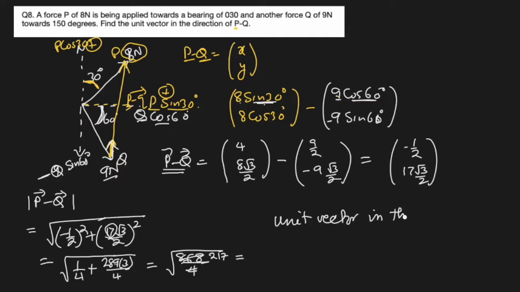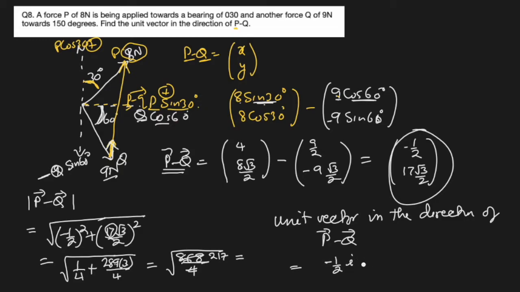So the unit vector in the direction of p minus q will be the vector itself. The vector we got was this one, minus half i plus 17 root 3 over 2 j, whole divided by square root 217.